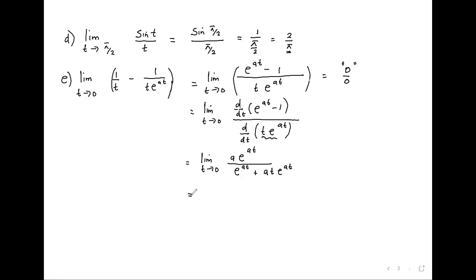So we have a on top, by e^0, over e^0 plus a·0·e^0, giving us a over 1, which is equal to a.